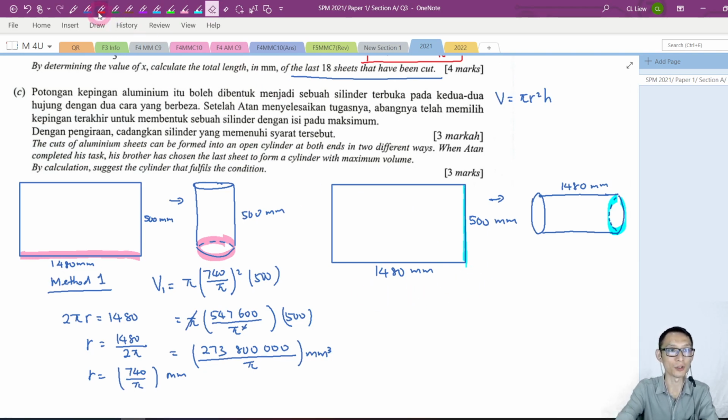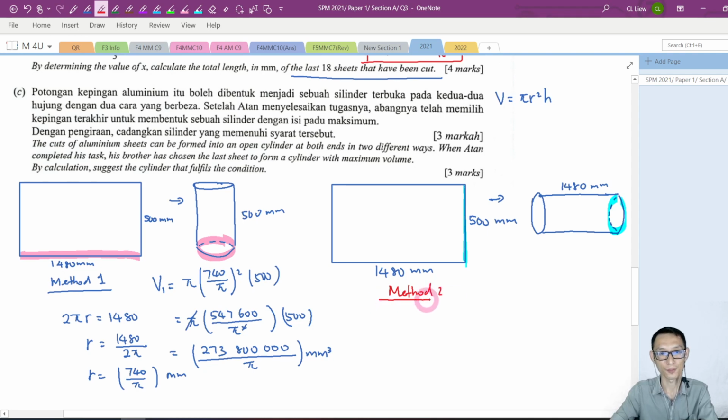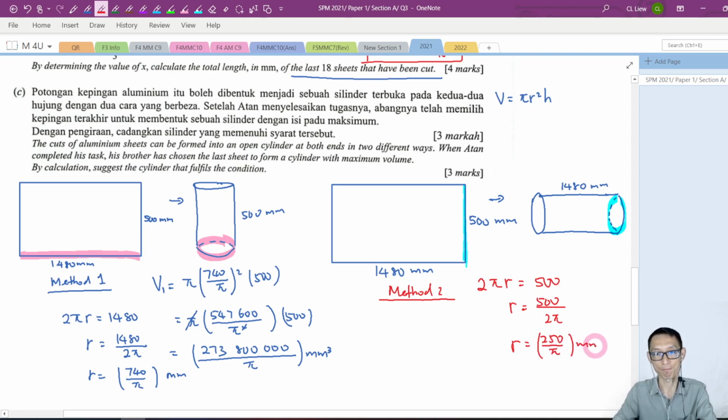Method 2, let me use red color. Okay, 2 pi r. 2 pi r is equal to 500. So r is equal to 500 divided by 2 pi. So r is equal to 250 over pi. Okay, this is a radius for this cylinder.